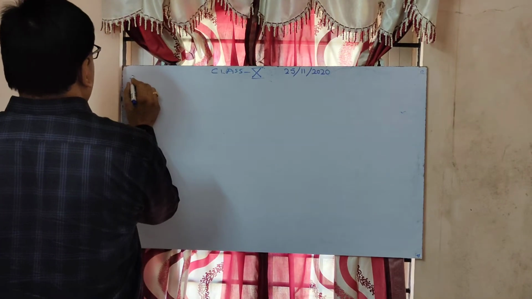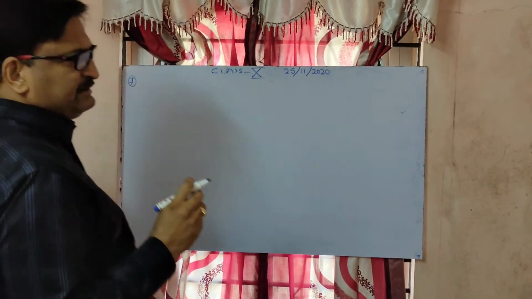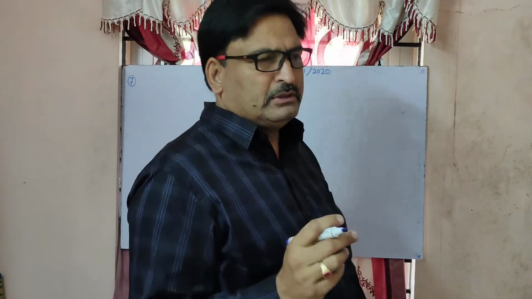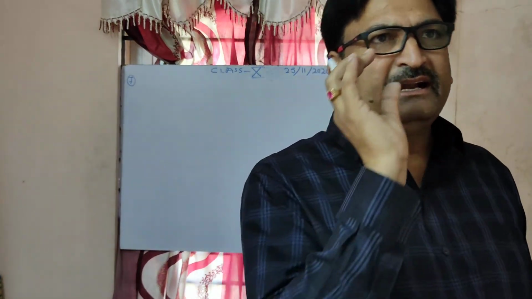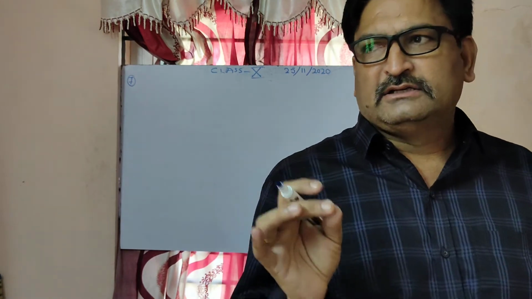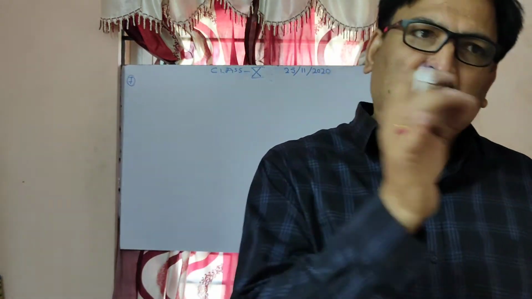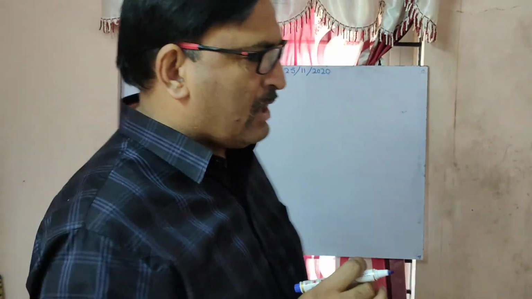Now, according to the statement, always in mathematics, what you do, read a full sentence and understand it properly and write whatever equation that belongs to. Now, what is the first sentence? The difference of squares of two numbers is 180.